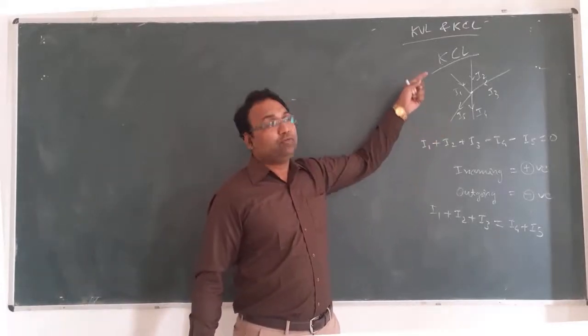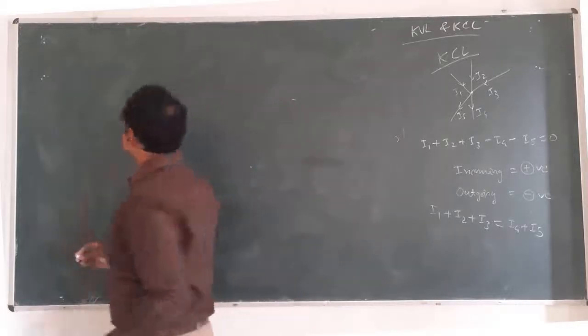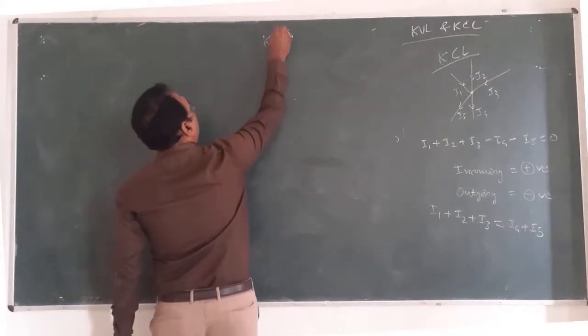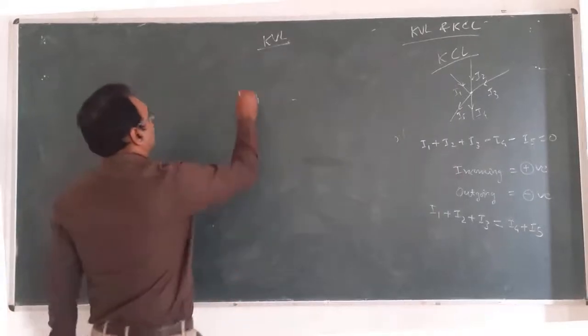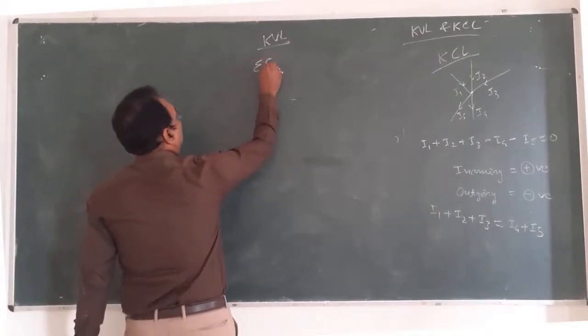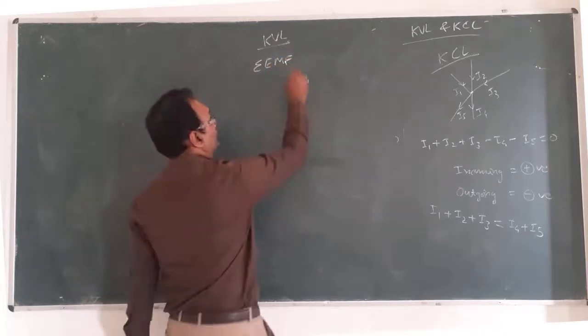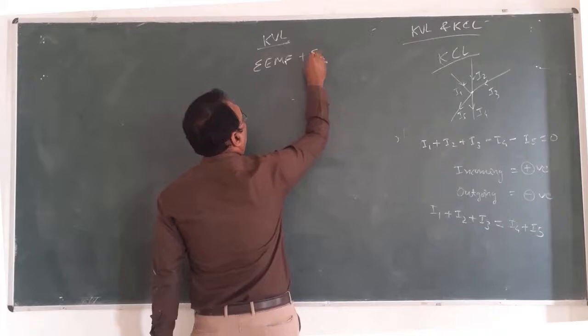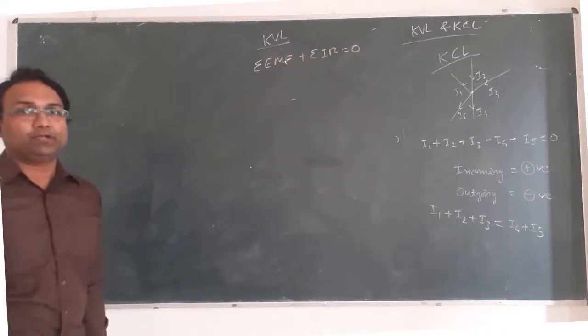Now we have to see another law, that is KVL. What does KVL say? KVL basically relates the EMFs in any closed loop to the voltage drops in that particular loop.